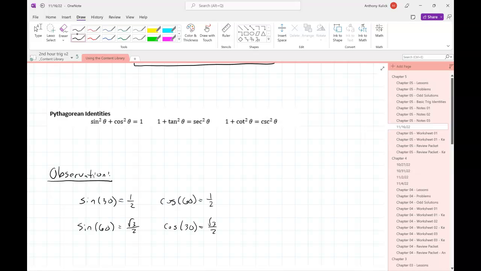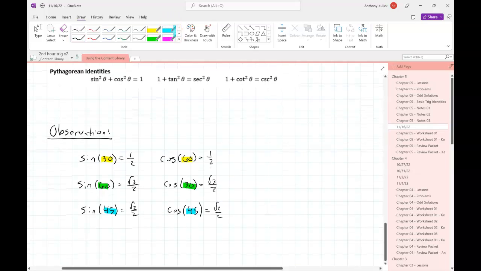What do you notice about the angles in this situation? Okay, well, what if I did sine of 45 and I look at cosine of 45? What do I notice about the angles in these situations?